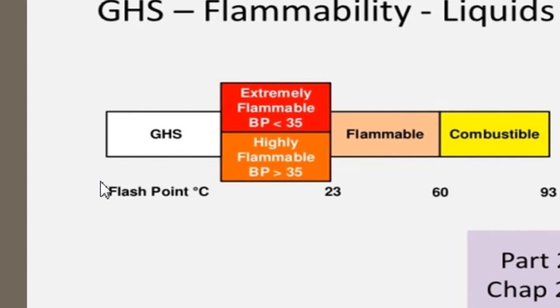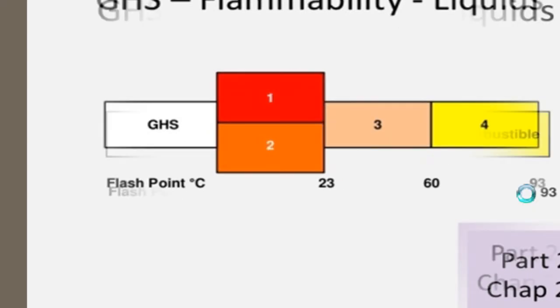This is saying at a certain temperature, 35 Celsius. If it's higher than that, then it's highly flammable. But if it's below 35 degrees Celsius and it's also a flammable material between 0 and 23 degrees Celsius, this now is classified as extremely flammable, as opposed to over here where it's 60 degrees Celsius to 93 degrees Celsius, and this material is combustible.